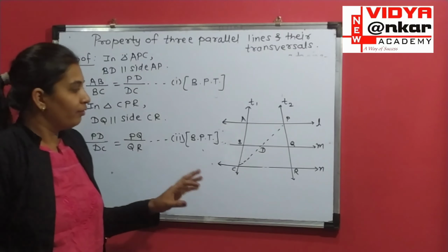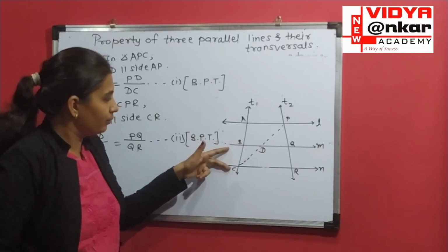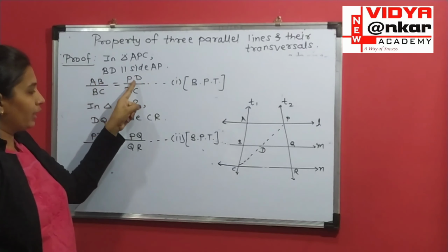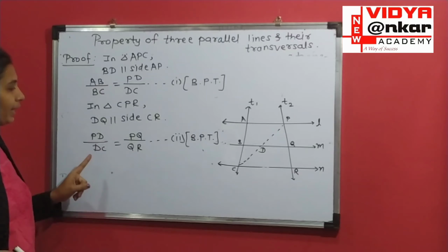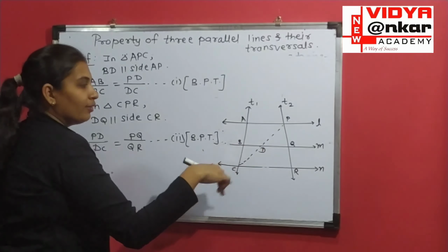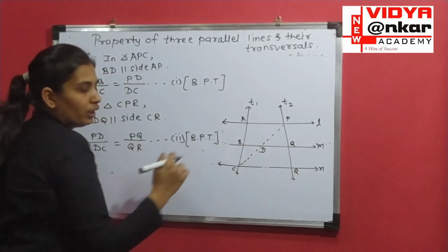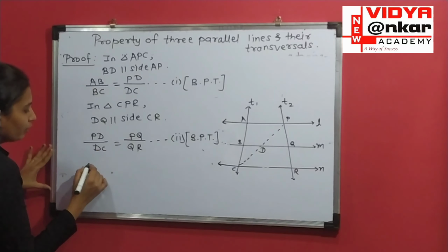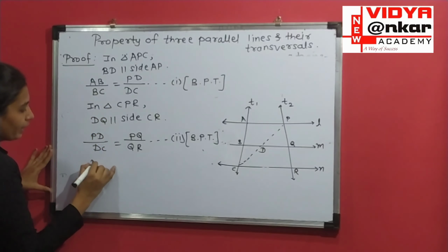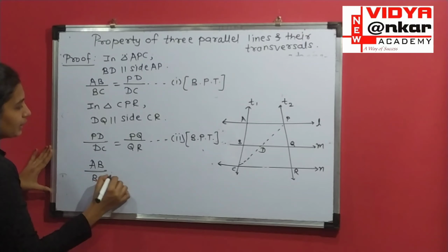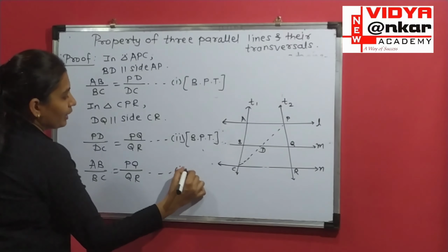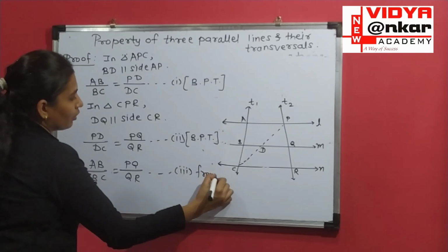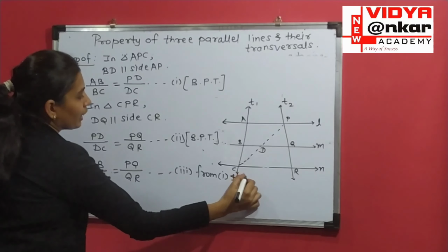Now students, we got AB upon BC in first equal to PD upon DC, and in second PD upon DC is equal to PQ upon QR. That's why from 1 and 2 we can get AB upon BC equal to PQ upon QR. Give it as number 3 and reason from first and second.